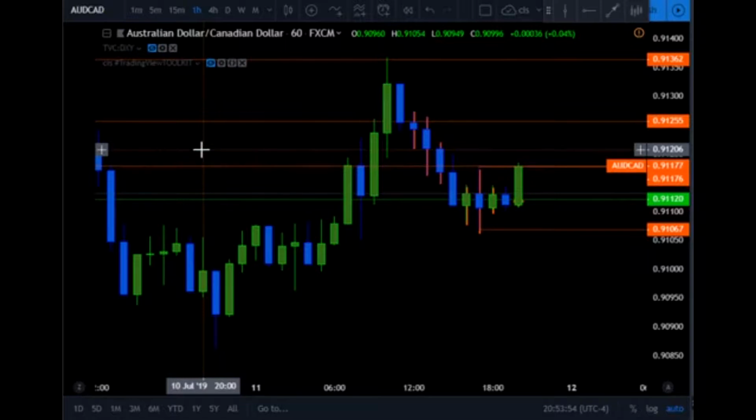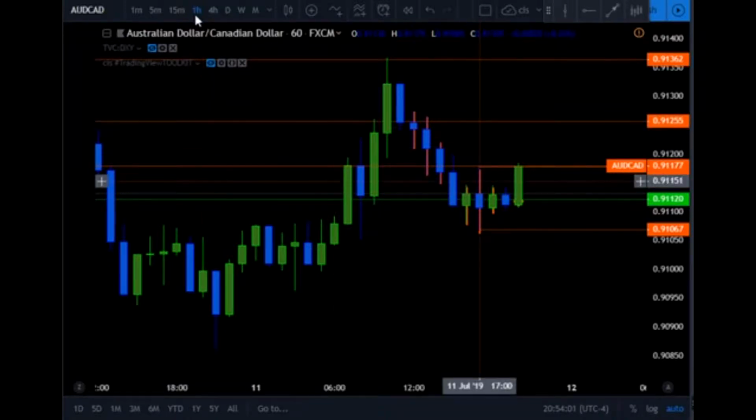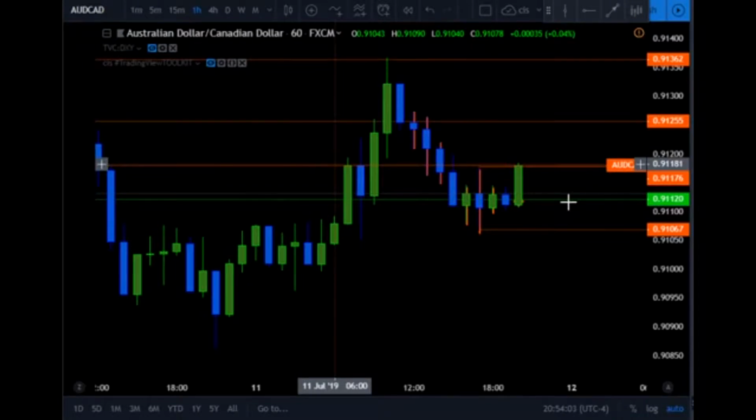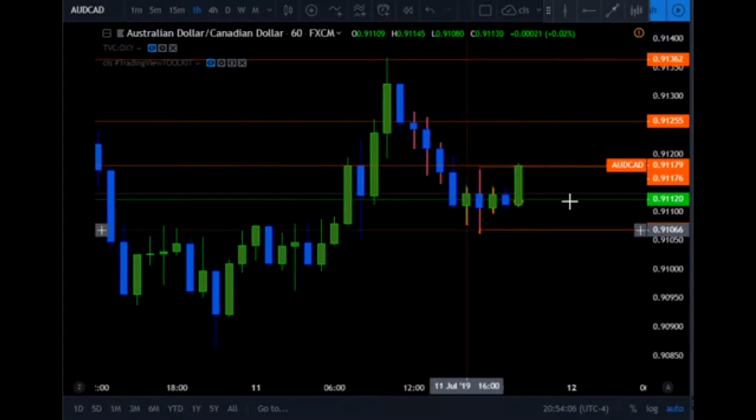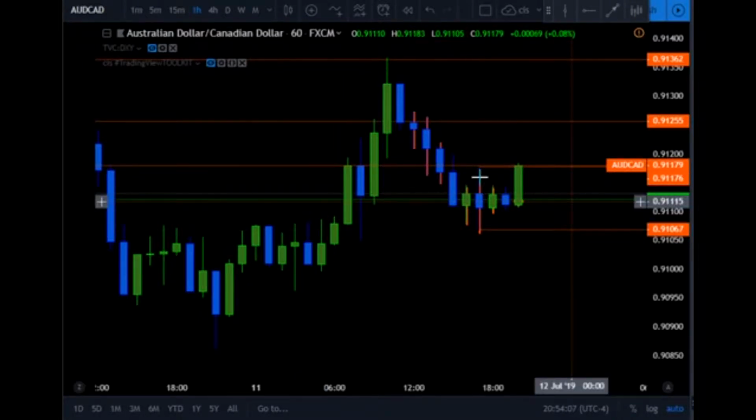So we're going to go through our time frames. I've already got most of the chart marked up, but I'm going to point out a few key things. On the 1 hour chart, we are long 91.12.04 from the 91.12 area. We have a diamond pattern, inside bar, outside bar, inside bar at the bottom.